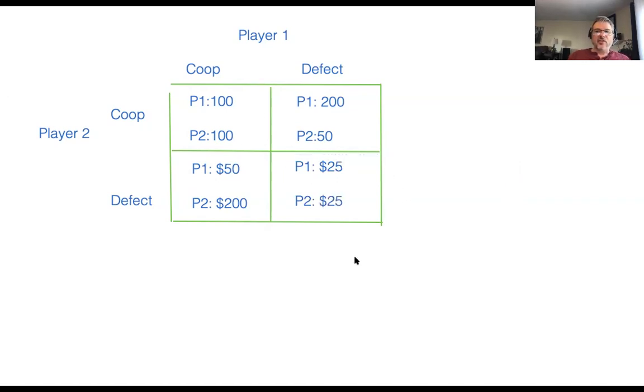Okay, so does everybody understand the setup? Any questions? Okay, so the standard analysis goes this way. The solution to these types of games is generally a Nash equilibrium.